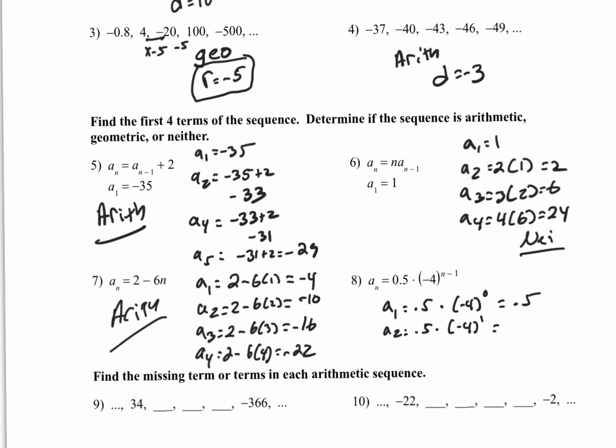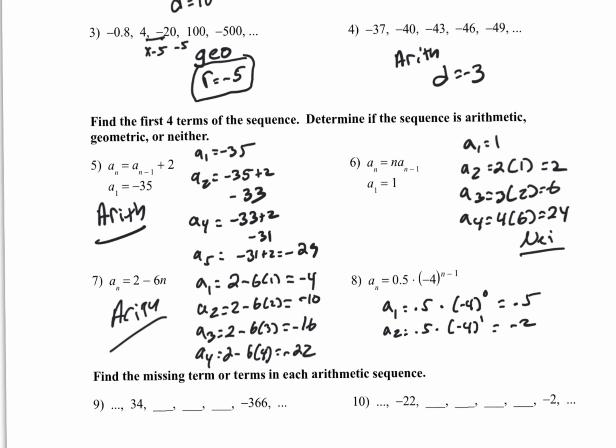Negative 4 raised to the first power times 0.5. Let's just put it in the calculator for fun. It's negative 2.